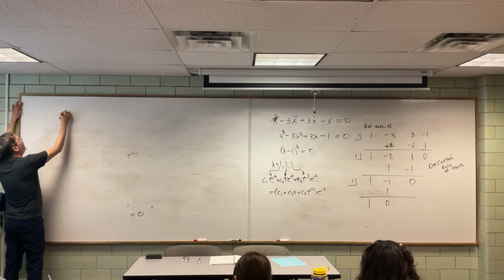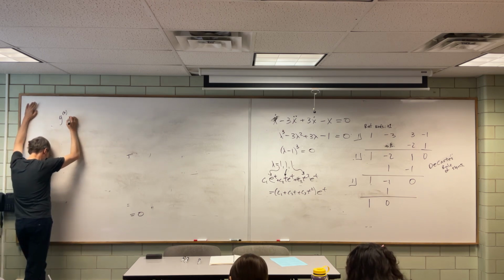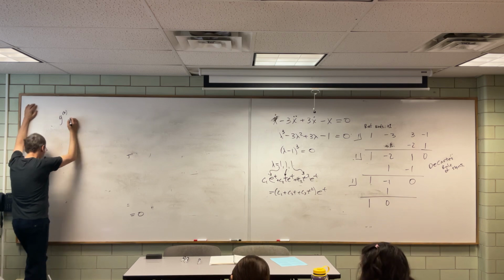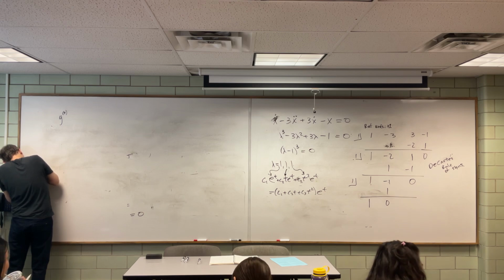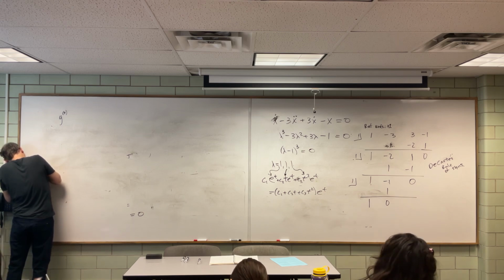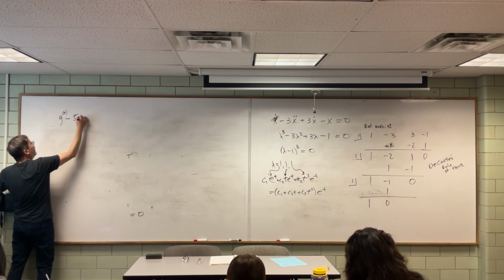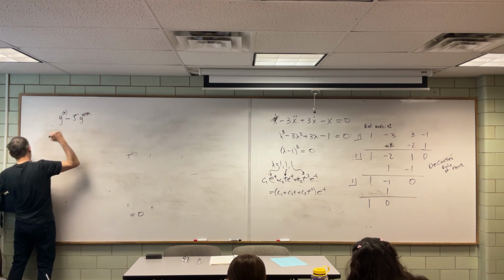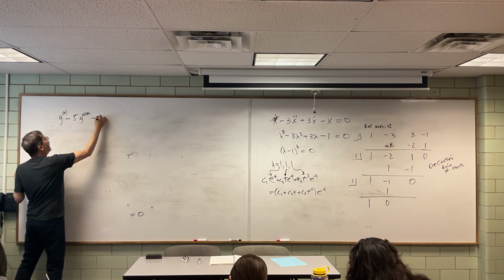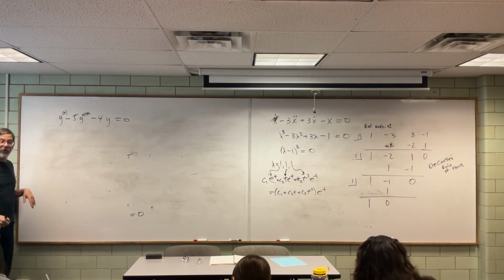Fourth derivative of y, minus 5 times the second derivative of y, I guess double prime, and then minus 4y equals 0. Can you please find the general solution for me?